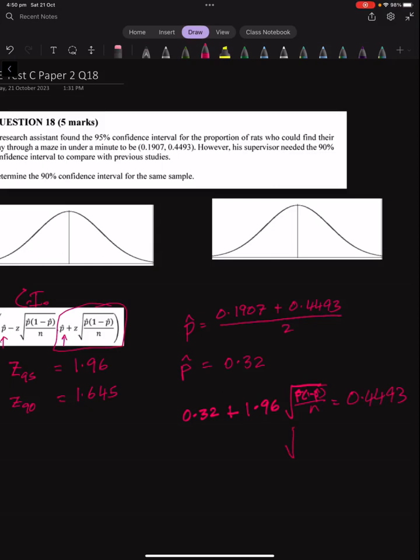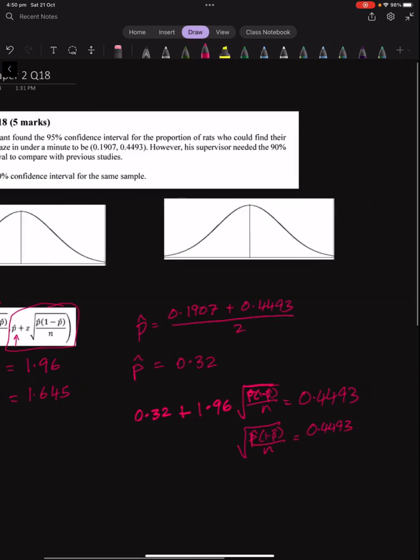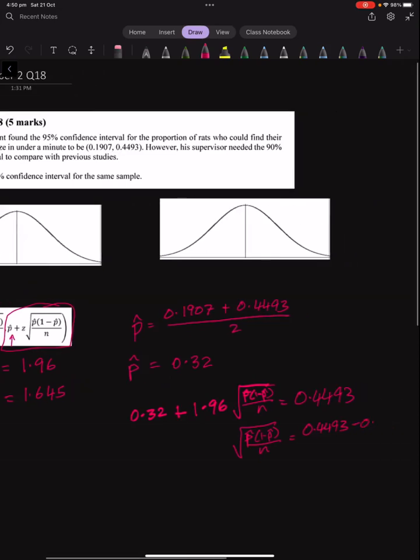So we can go ahead and figure out exactly what this value is. The square root of p-hat 1 minus p-hat divided by n, that's going to be 0.4493. First I have to subtract the 0.32, then I had to divide by 1.96.